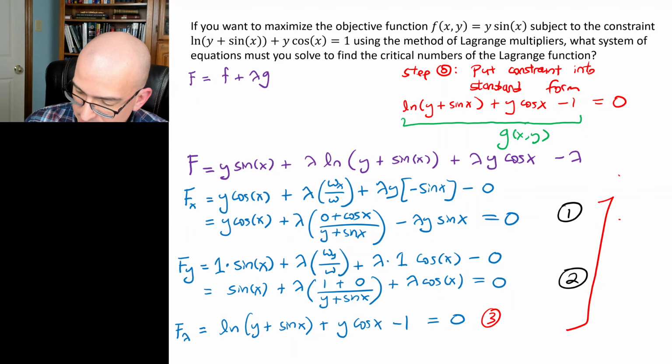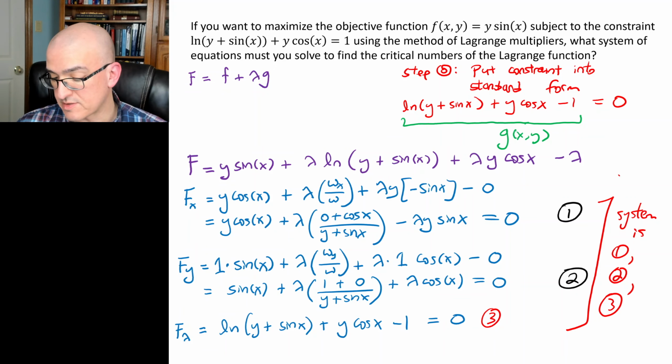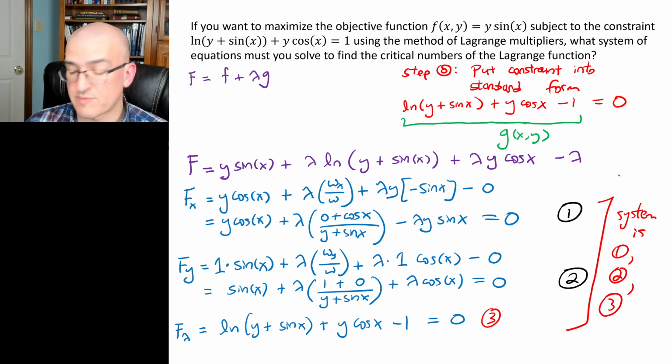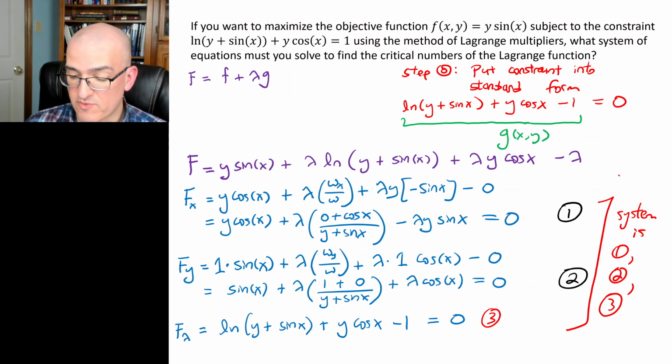So our system is 1, 2, and 3. Those three equations are the system of equations that we need to solve in order to find the critical numbers of the Lagrange function. And good luck. I wouldn't want to have to finish this problem from beginning to end. We'll stop here.